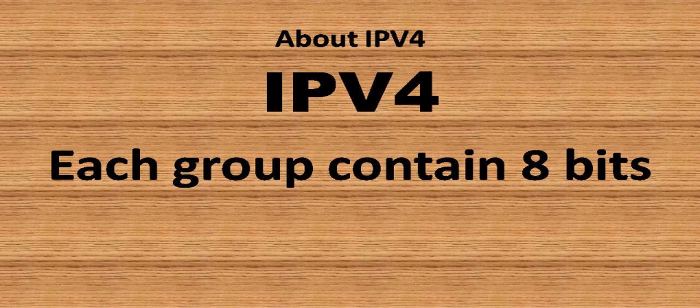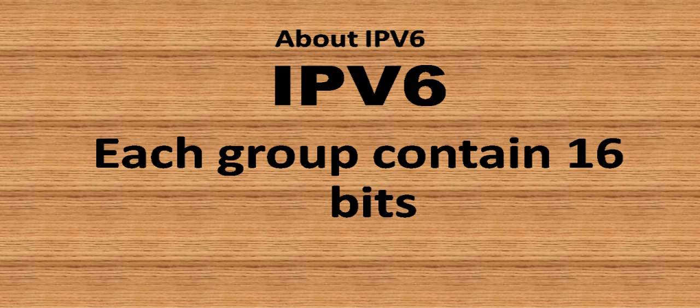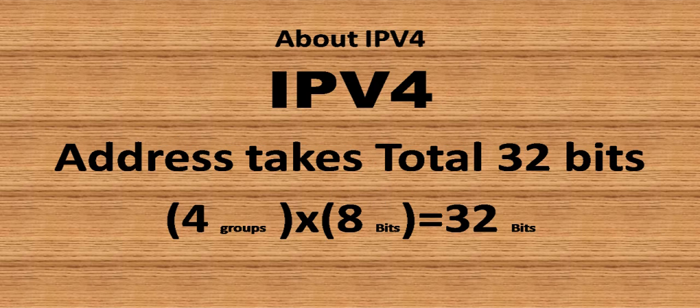In an IPv4 address, there are 4 groups and each group contains 8 bits. In IPv6, there are 8 groups and each group contains 16 bits. An IPv4 address takes a total of 32 bits. It means 4 groups multiplied by 8 bits per group equals 32 bits.